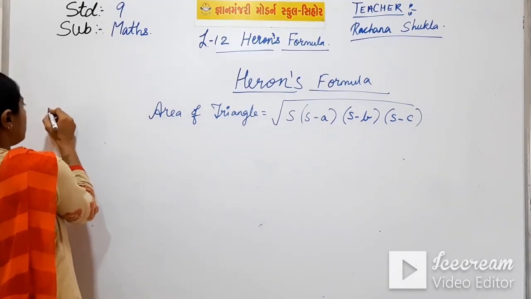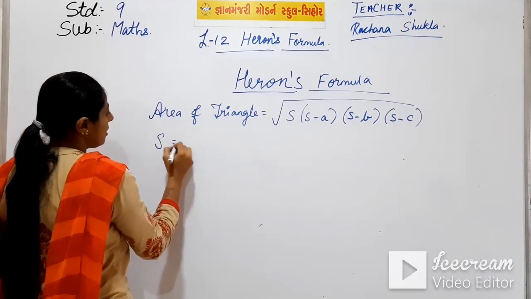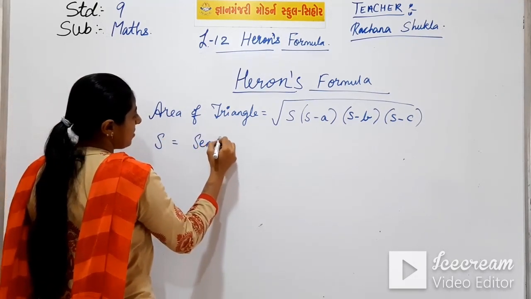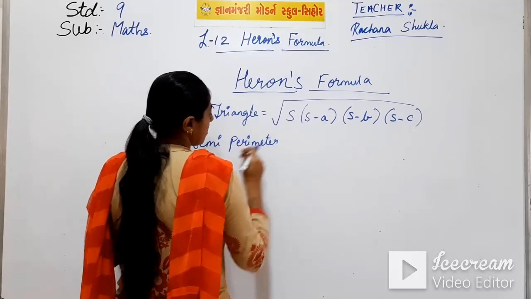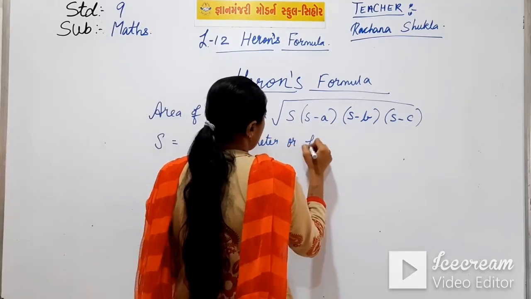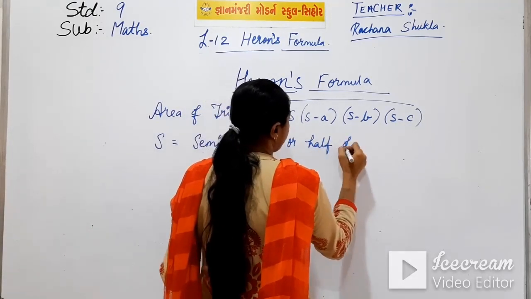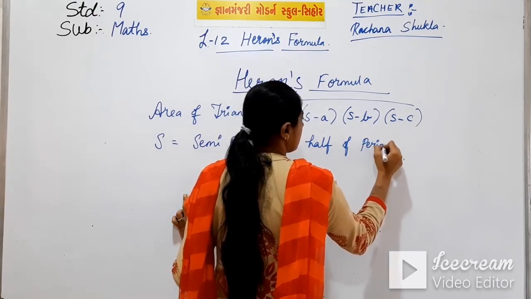I am writing down here S equal to semi-perimeter or half of perimeter.